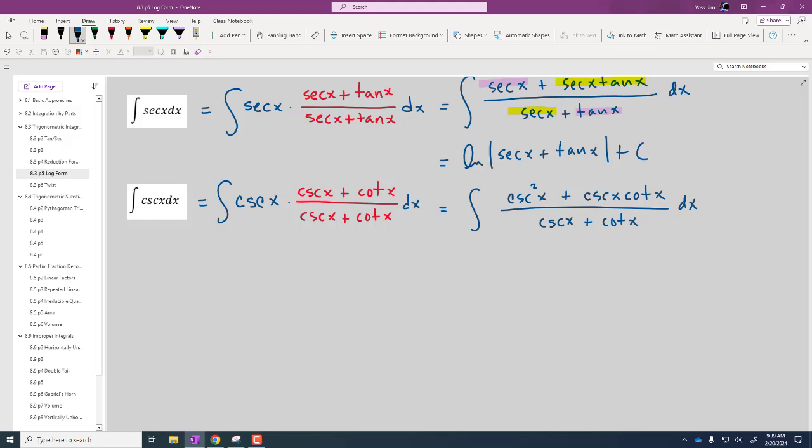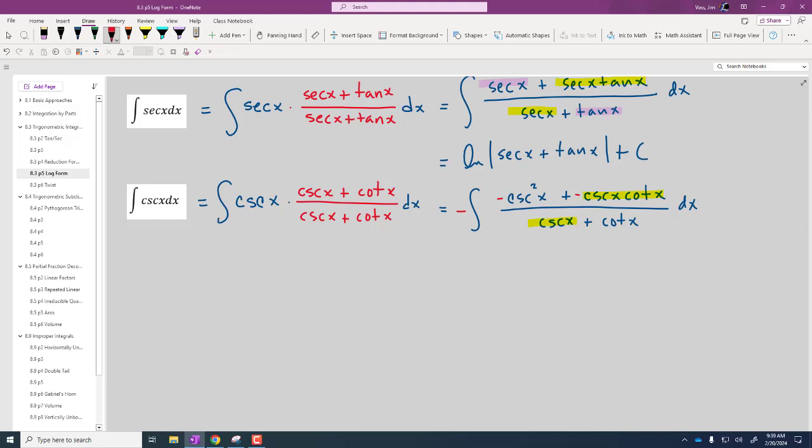So let's think about what we need here. The derivative of cosecant, we said, is minus cosecant cotangent. So we have to get a negative up here. If we multiply the numerator by -1, then we also have to multiply the outside by -1.